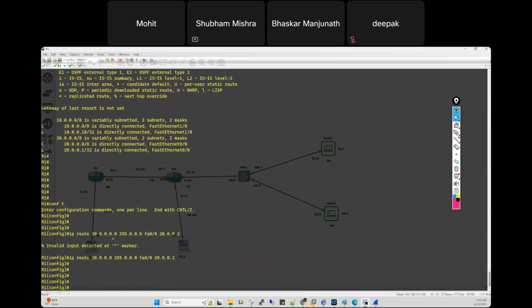It means I configure the exit interface as well as the next hop both. Getting my point? Yes or no?